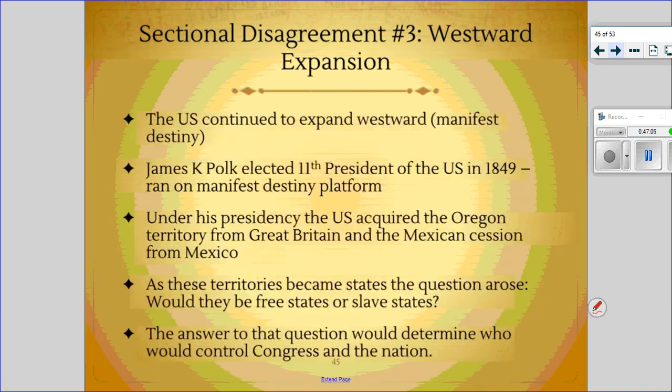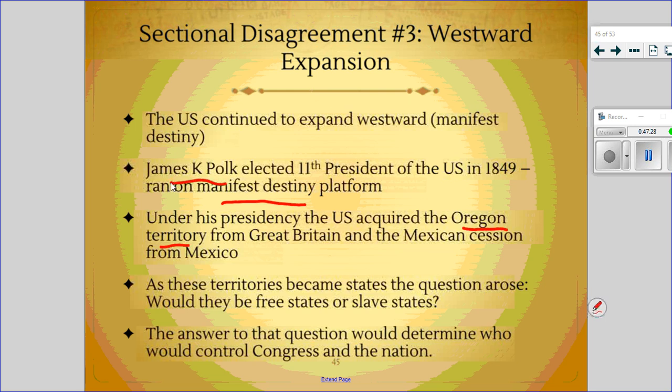All right, let's take a look. So the U.S. continues to expand westward. Like I said, James K. Polk ran on the Manifest Destiny platform. He ran on the idea that it was the destiny of the United States to expand from east to west coast. Under his presidency, we acquired the Oregon Territory from Britain.